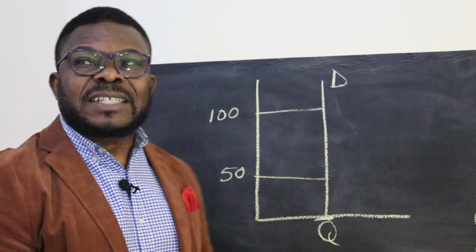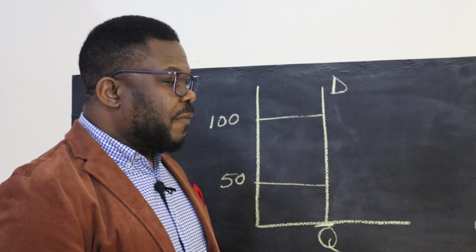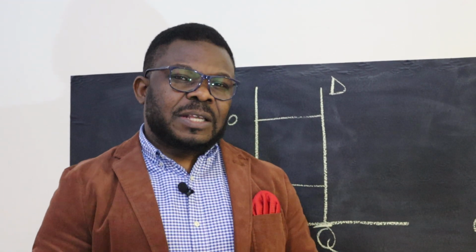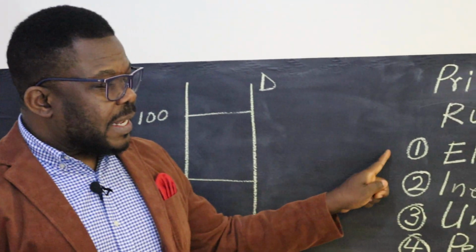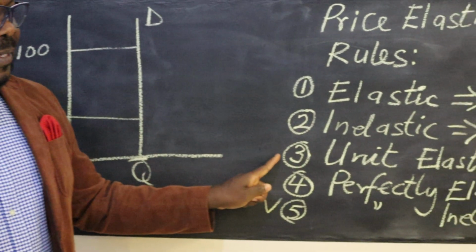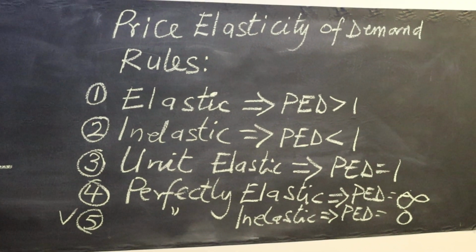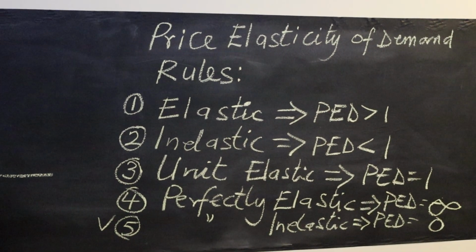Again, you're going to buy the exact same quantity. The quantity doesn't change for perfectly inelastic goods. So those are some examples that I can think about. So these are the rules. There are 5 of them: elastic, inelastic, unit elastic, perfectly elastic, and perfectly inelastic. These are the rules of price elasticity of demand. Thank you.